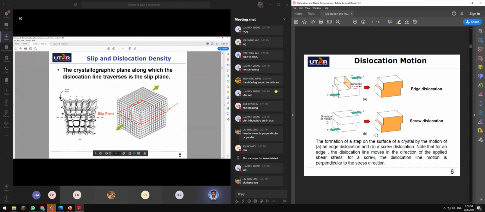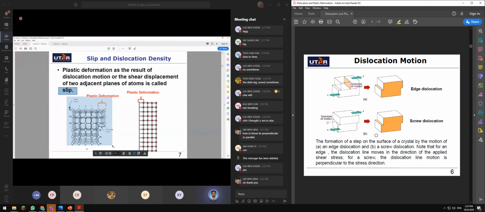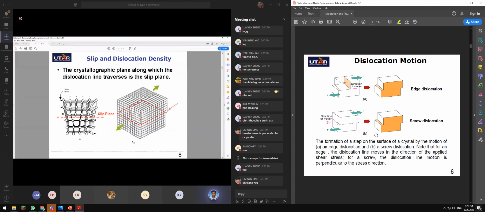Now, so this is biplane. Now let's look at the crystallographic plane. So this is your crystal. The crystallographic plane along which the dislocation line traverses is the slip plane. Let's say you have a shear stress acting in this direction, and your resulting shear stress on the bottom of your crystallographic plane is in this direction, and you have your slip plane, or slipping, in this area.